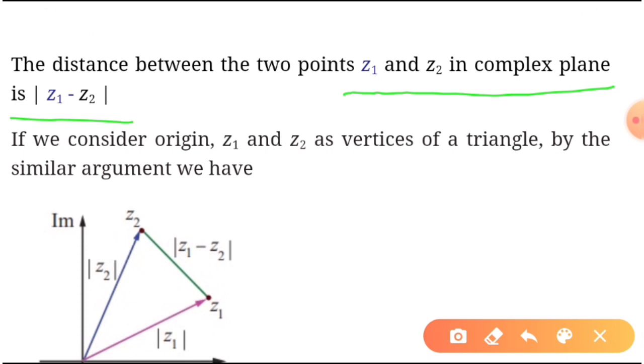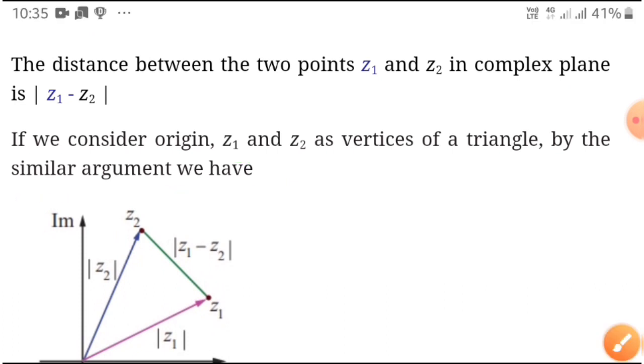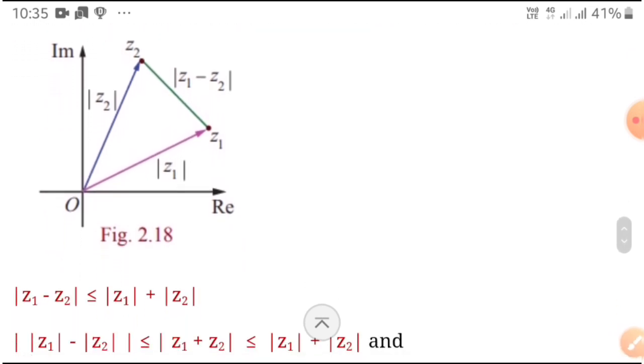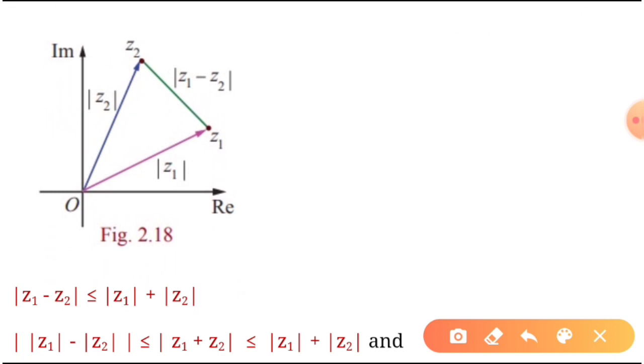If we consider the origin, z1 and z2 as vertices of the triangle, by the similar argument we have modulus of z1 minus z2 is less or equal to modulus of z1 plus modulus of z2.